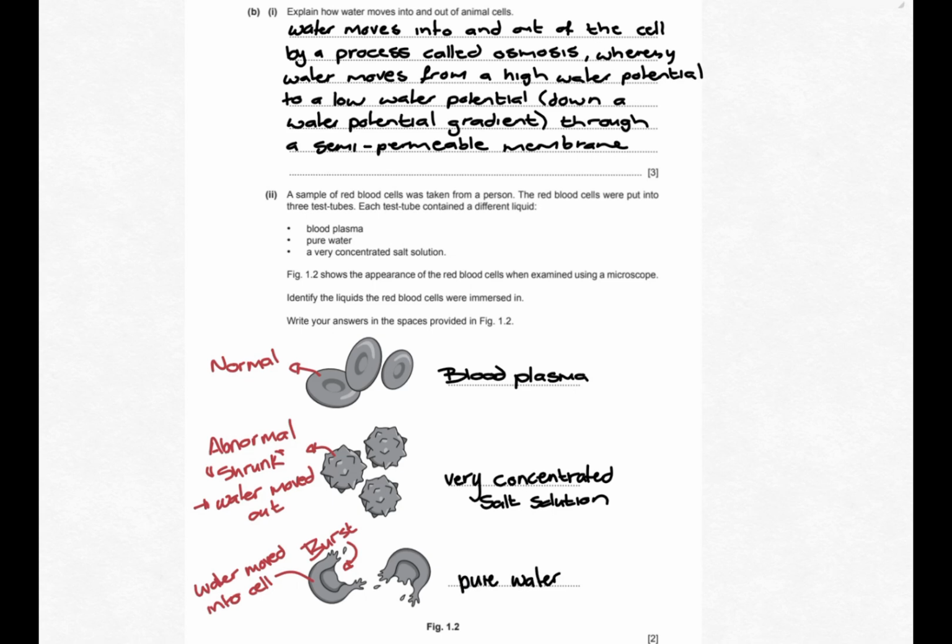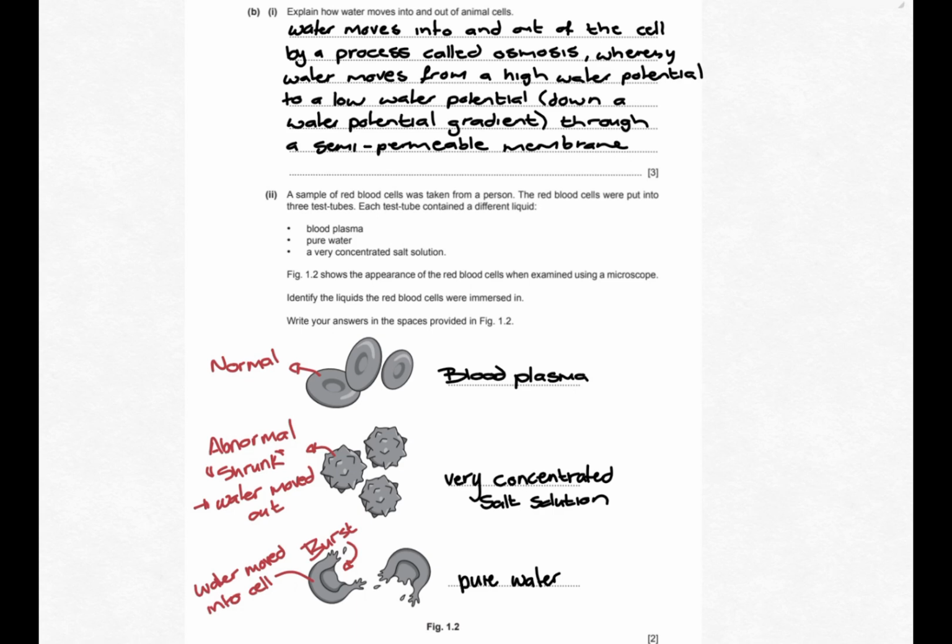Now, a common mistake that can be made with this question is when students look at the second figure and they see that the blood cells are very round. This might make them think that the cells are swollen and that they were found in pure water, but this is not the case. You can avoid this mistake by looking at the other 2 images. We know that we have 3 solutions. We have blood plasma, pure water, and a concentrated salt solution. Now, the first one is normal cells.